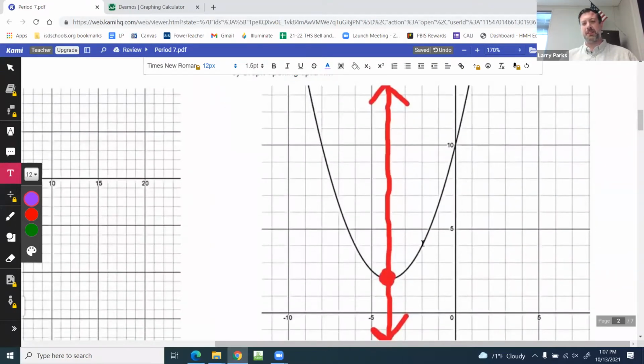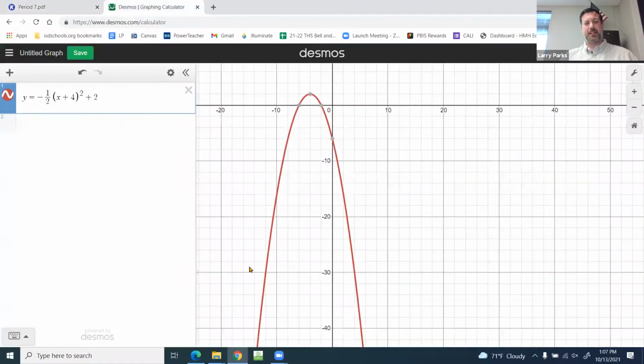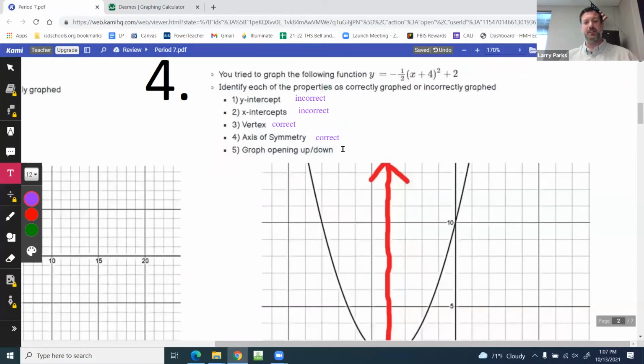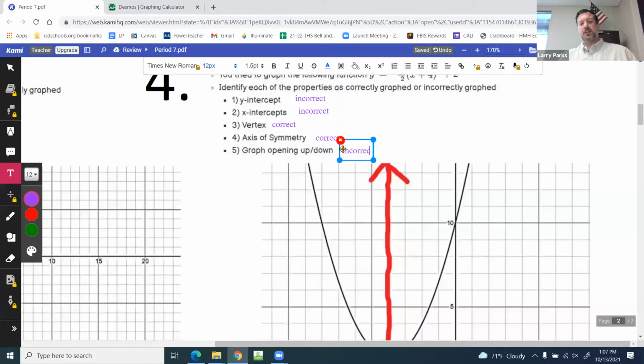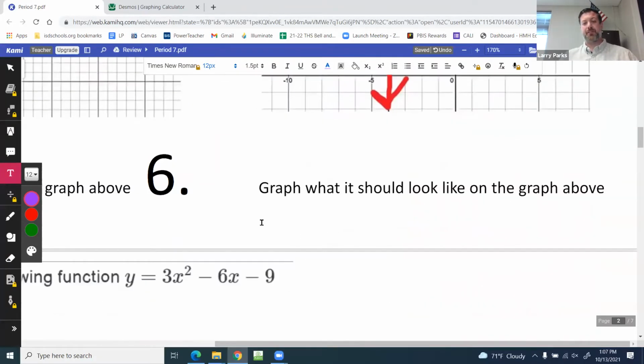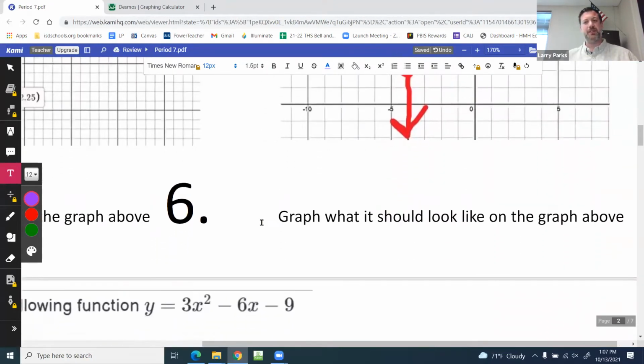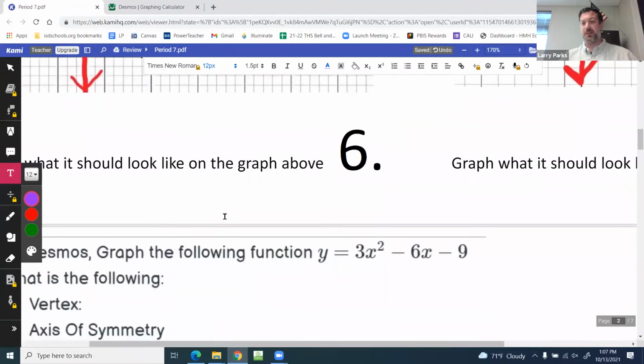They think the graph opens up. I could show you it opens down because of this negative, so that is incorrect. Now, I'll let you graph the correct graphs above, just for sake of time, I don't have time to do that.